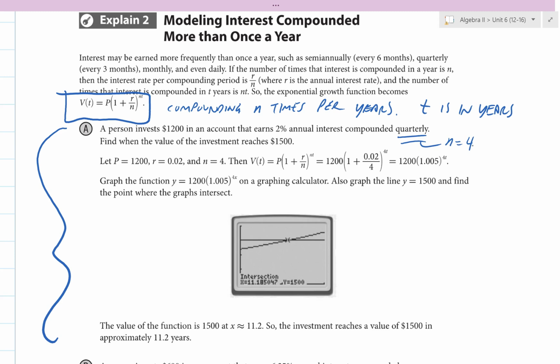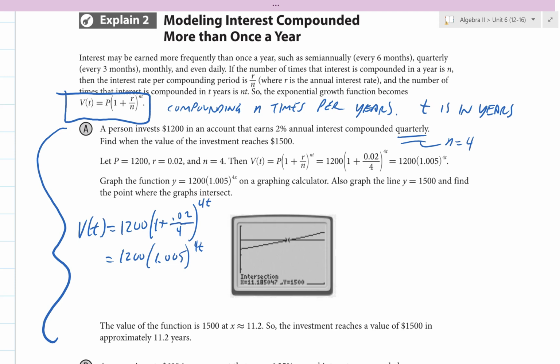And so then we would have the value of the account is the principal, 1 plus the interest rate is 0.02, and we're dividing by 4, and then we raise to the 4t power. And in this case, it simplifies to 1.005 to the 4t power.